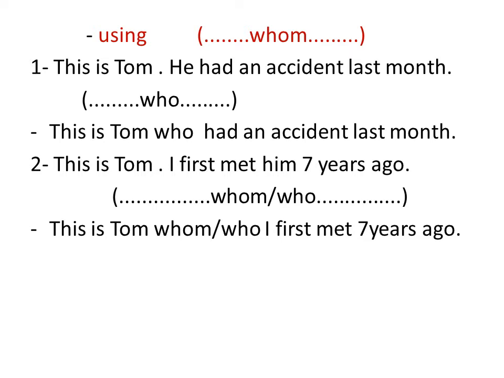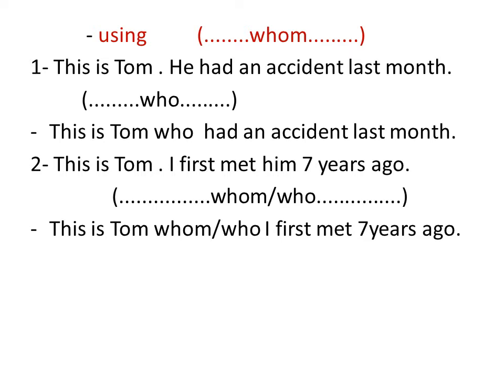So in the second sentence we have the subject pronoun he, which refers to Tom in the first sentence. We will omit it as we knew before, and then we will put who after the noun Tom.